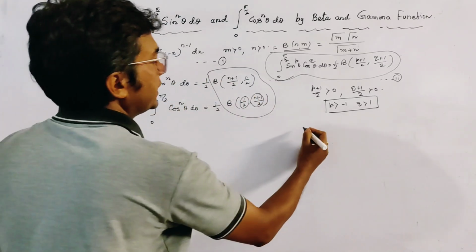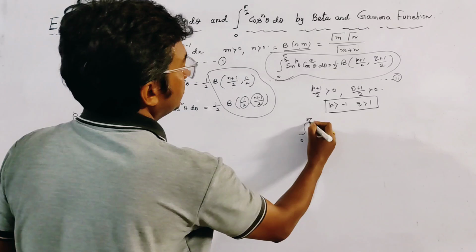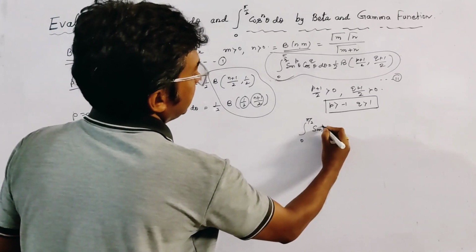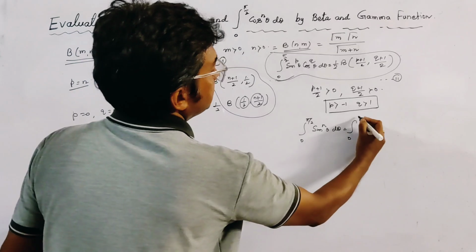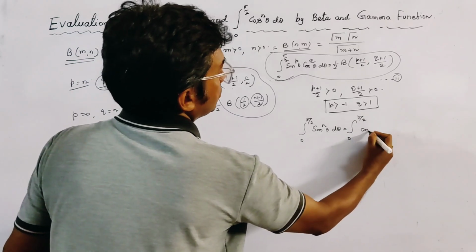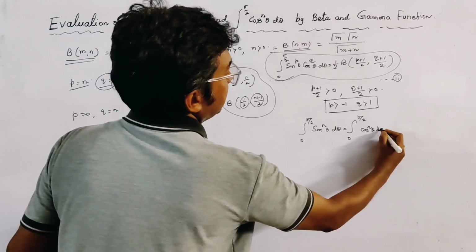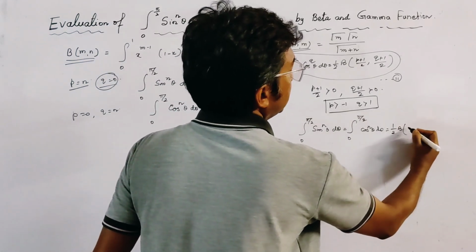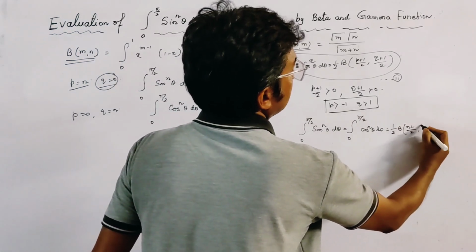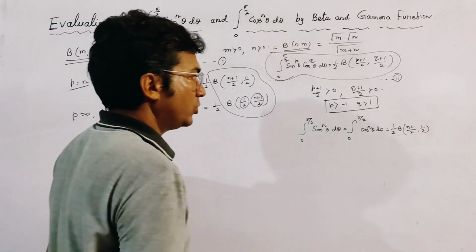So we can write the integration from 0 to pi by 2 of sine to the power n theta d theta is equal to the integration from 0 to pi by 2 of cos to the power n theta d theta, which is equal to half into beta((n plus 1) by 2, half).